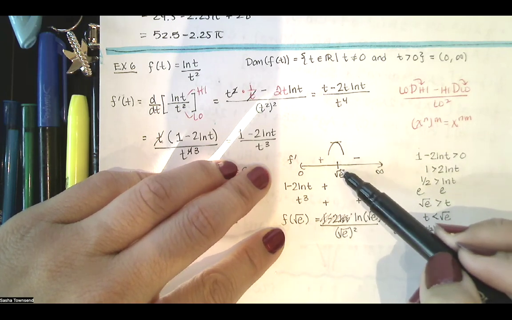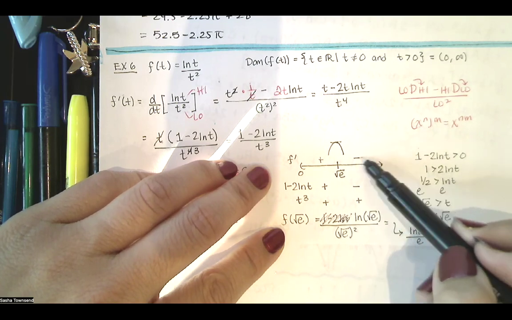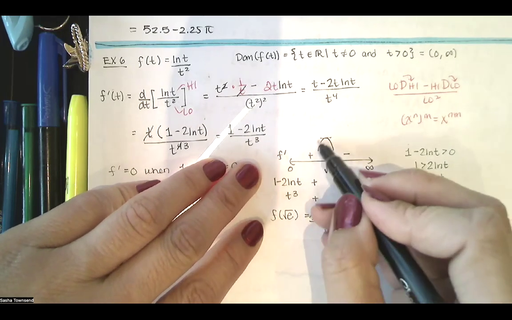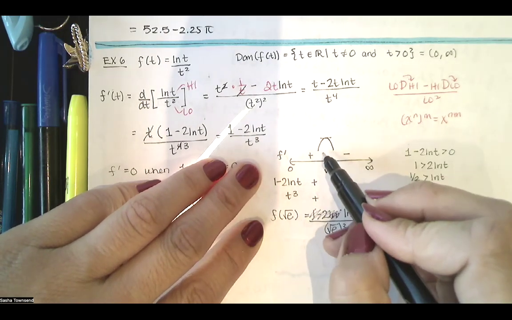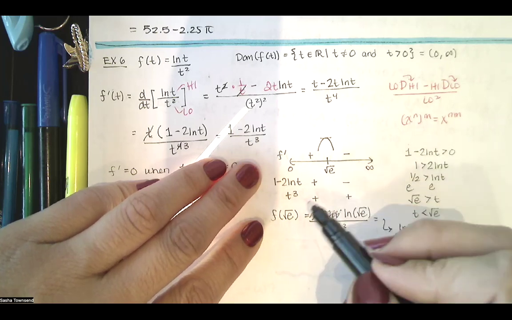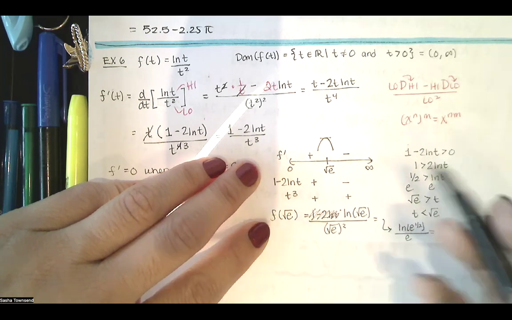If it goes from decreasing to increasing, it's just going to be a parabola facing up rather than a parabola facing down. So in this case, we've got that parabola facing down, like that's sort of the shape of the graph in this vicinity of square root of e. And so our f of square root of e is a relative max.